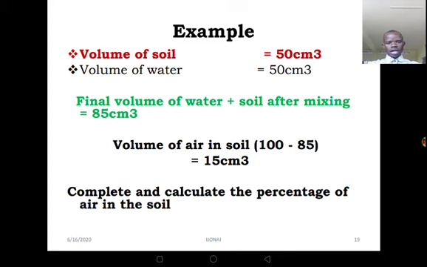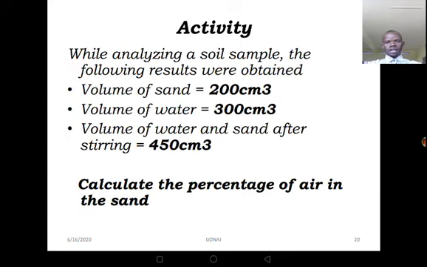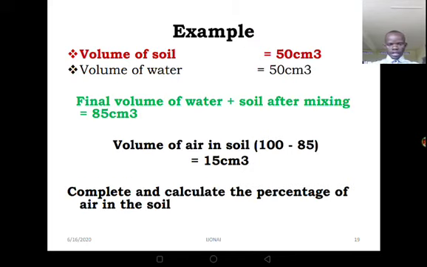From this we can now calculate the percentage of air in that particular soil sample. The way you calculate this is: the volume of air in the soil, that is 15, divided by the volume of the soil, that is 50, multiplied by 100%, and that gives us the percentage of air in the soil.